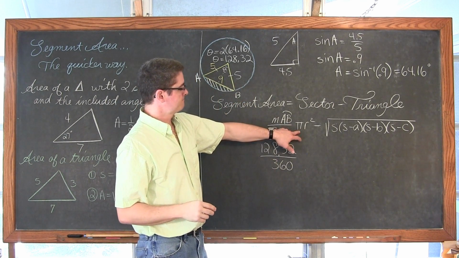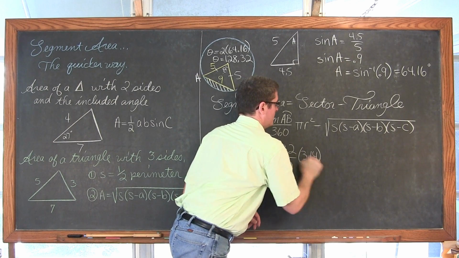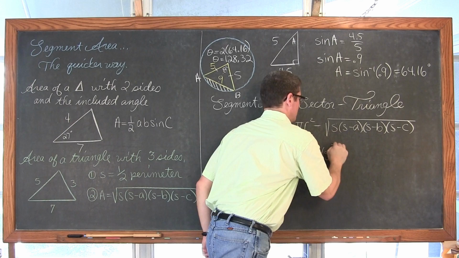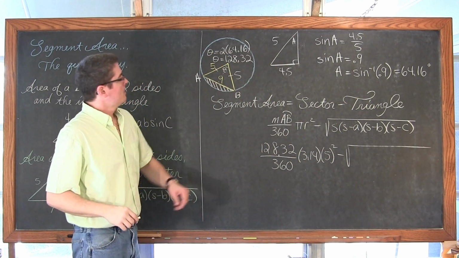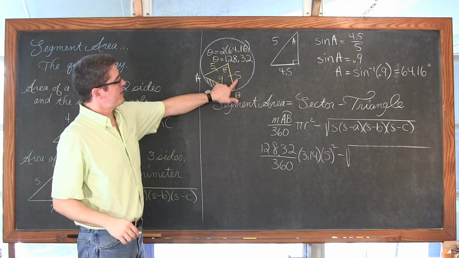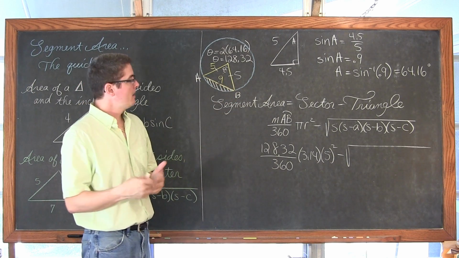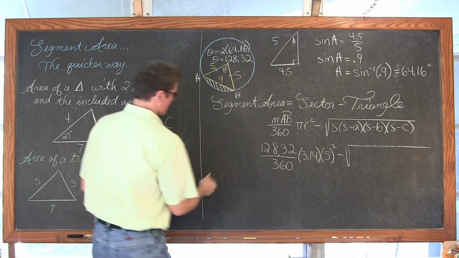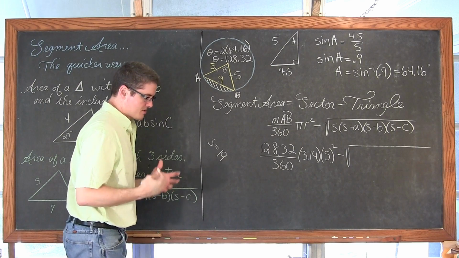Times 3.14 times the radius, which is 5 squared, minus, okay, Heron's formula. The triangle sides are 5 and 5, which is 10, and 10 and 9 is 19.